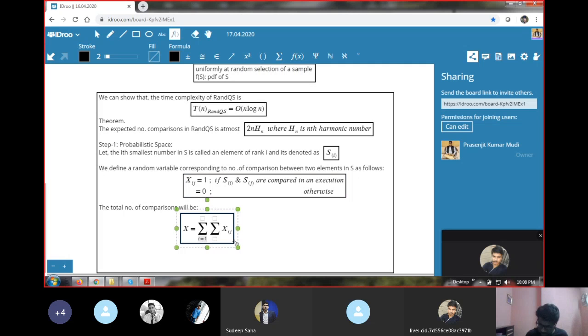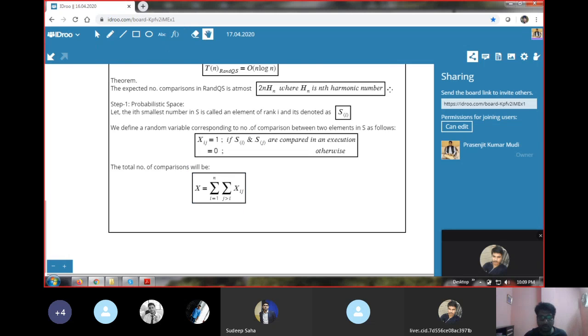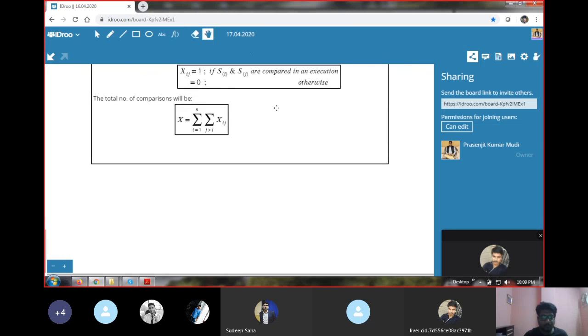First is i equal to 1 to n. The other is based on j. So we will do comparison for when j is greater than i.